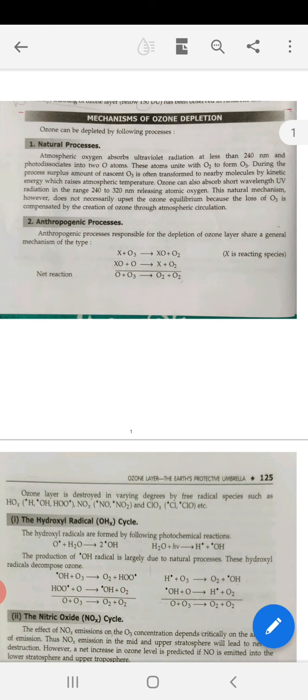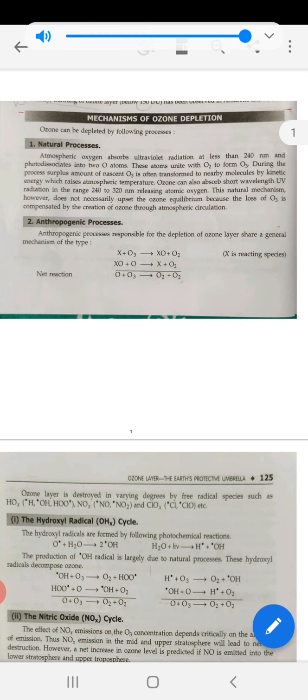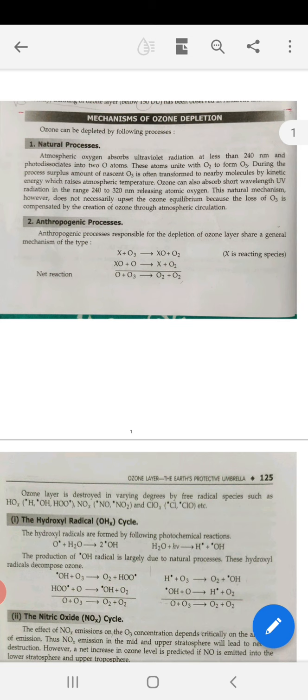First is natural processes. Atmospheric oxygen absorbs ultraviolet radiations at less than 240 nanometer and undergoes photodissociation into two atoms. These atoms unite with oxygen to form ozone. During the process, surplus energy of nascent ozone is often transferred to nearby molecules by kinetic energy, which raises atmospheric temperature.